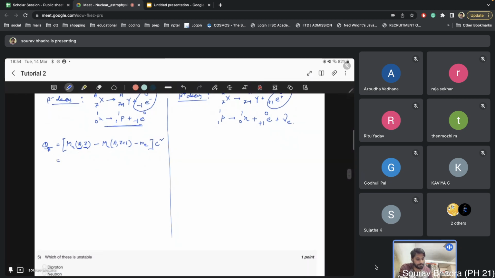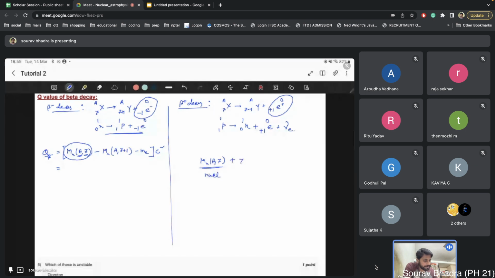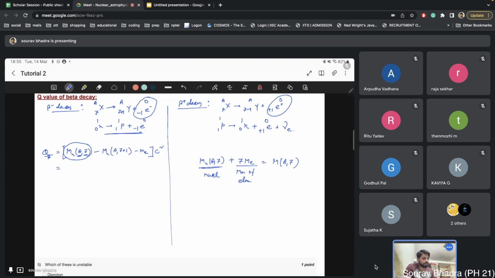Now this is the mass of the nucleus. We will convert it into the mass of the total atom minus the mass of the electrons. So m_n of A, Z is the mass of the nucleus. So it is the mass of the nucleus plus Z m_e, the mass of electrons, that will give you the total mass, that is m of A, Z. Just focus that I have written the small n in the subscript to tell you that it is the nuclear mass only, not the whole mass.